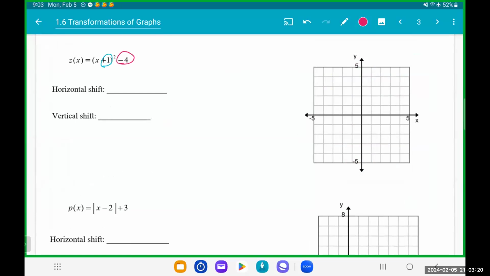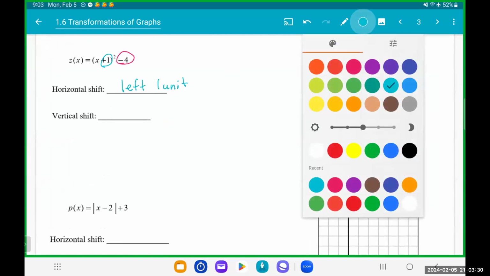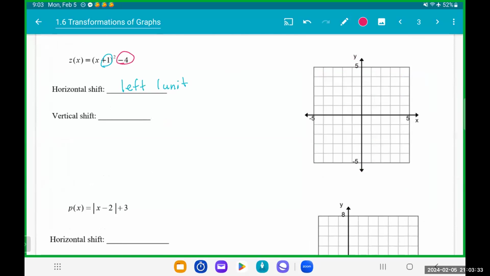So our horizontal shift, that's positive. So that tells me I am left 1 unit. Okay. And because we have this -4 out here on the end, that tells me I am down 4 units.